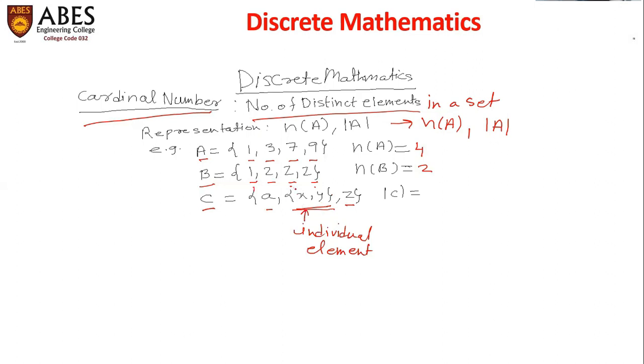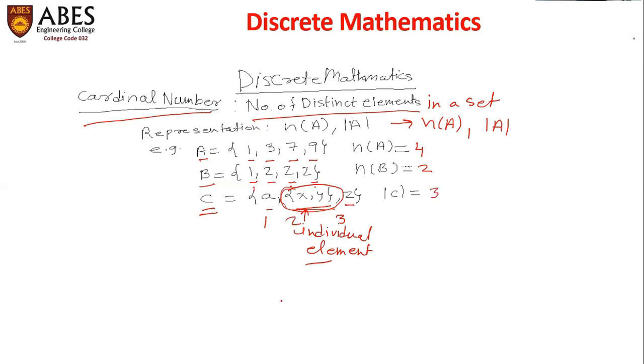In the case of this inner set, x and y are the distinct individual elements, but in the case of set C, this set acts as an individual element. So there are three elements, 1, 2, and 3. So the cardinality of C is 3.